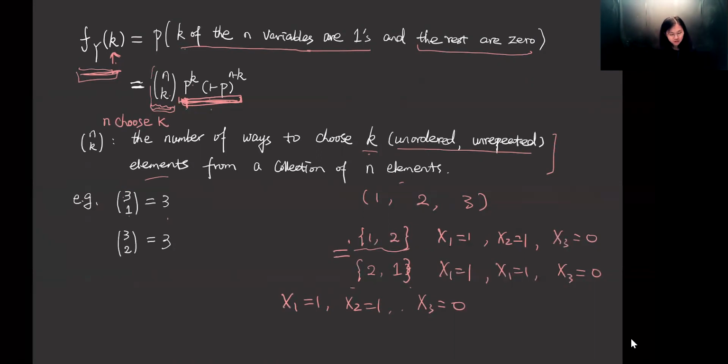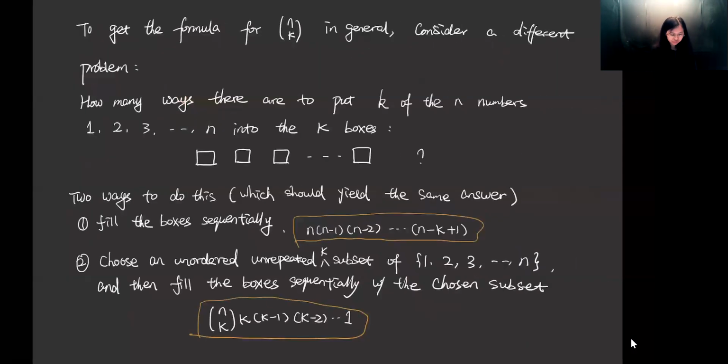So these are simple examples, but in general, what is n choose k? How do you calculate the number of ways of choosing k elements from a collection of n elements? To get the formula in general, let's consider actually a different problem, because the formula for n choose k can follow from 2 ways of doing this different problem.